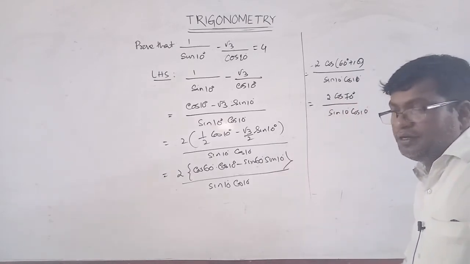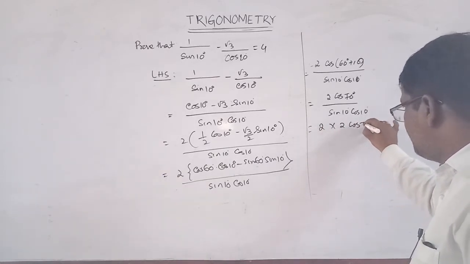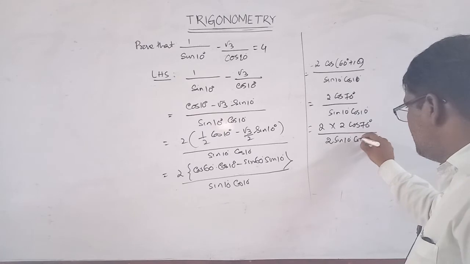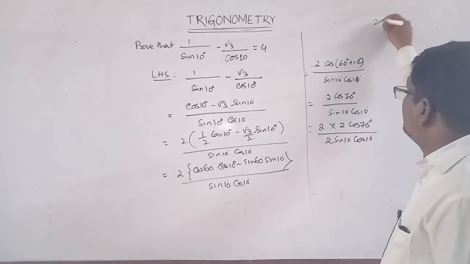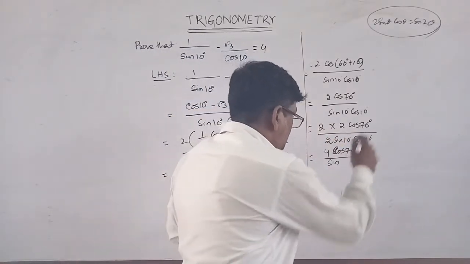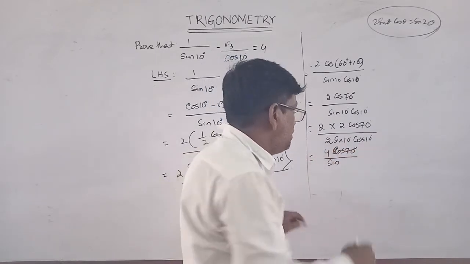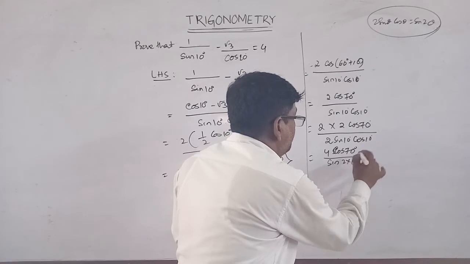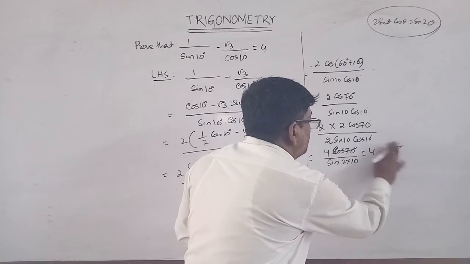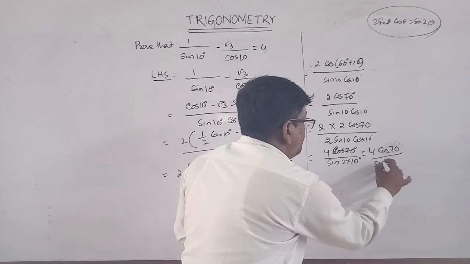So again multiply and divide by 2. So 2 into 2 cos 70 degree divided by 2 into sin 10 degree into cos 10 degree. So 2 into 2 is 4 cos 70 degree. Okay, not 76, that is 70 degree. And this is 2 sin A cos A, sin 2 into 10 degree. So 4 cos 70 degree divided by sin 20 degree.